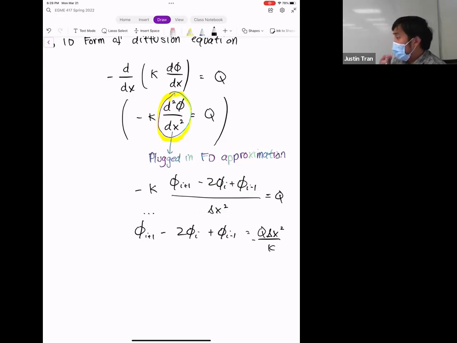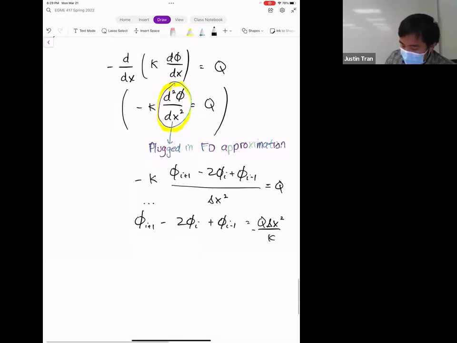That's what we get when we isolate the left-hand side of the equation. I want you to look at this left-hand side, which has coefficients of 1, -2, and 1. That's what we plugged into our left-hand side matrix when we were forming our algebraic equations and writing our MATLAB code. Those were the coefficients we plugged into our matrix: 1, -2, and 1.